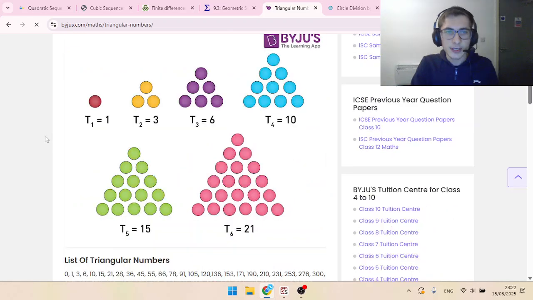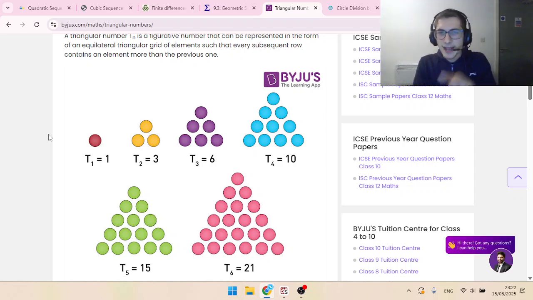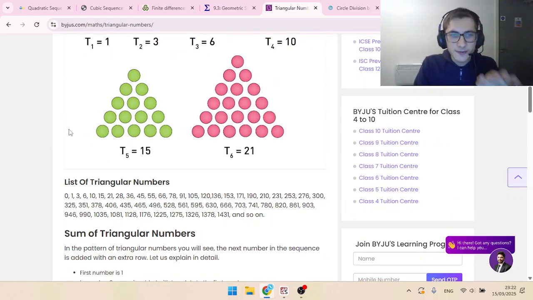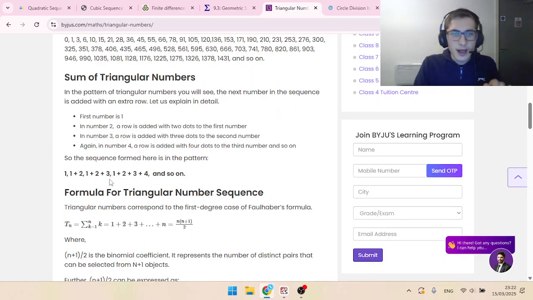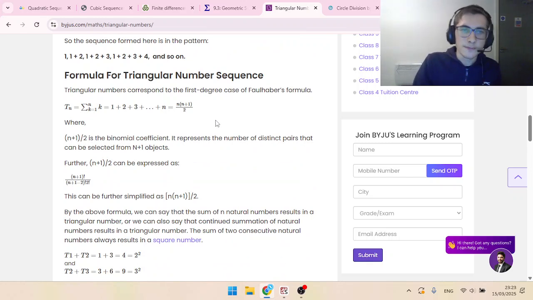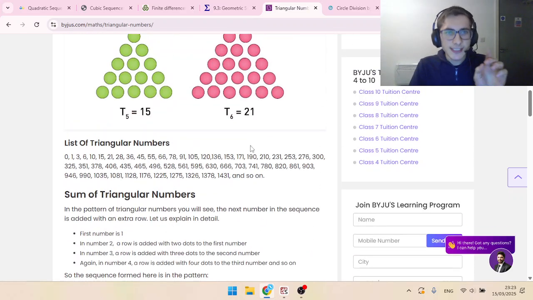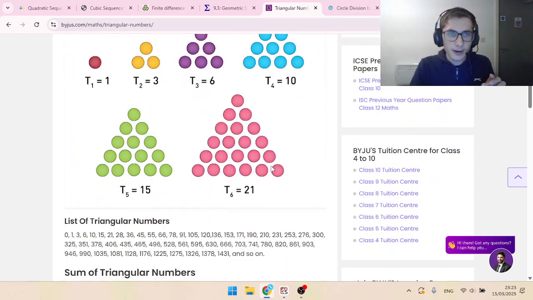So, triangular numbers look like this. Essentially, we're putting dots and arranging them into a triangle and just adding layer and layer and layer. And this sort of pattern emerges. It just so happens that this pattern is a quadratic sequence. So, let us test this out.